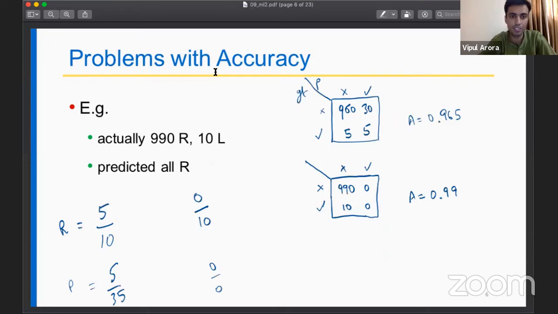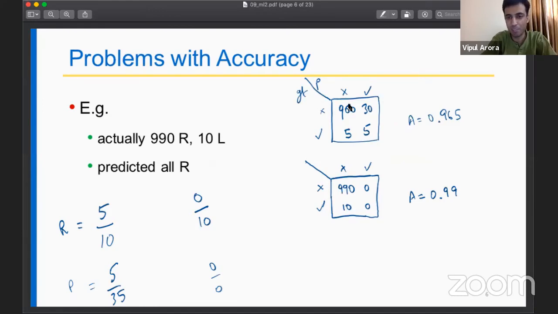I've just quickly explained. Let's say this problem is detecting corona. So very few people will have corona. Most people will not have corona. It's a rapid test, let us say.